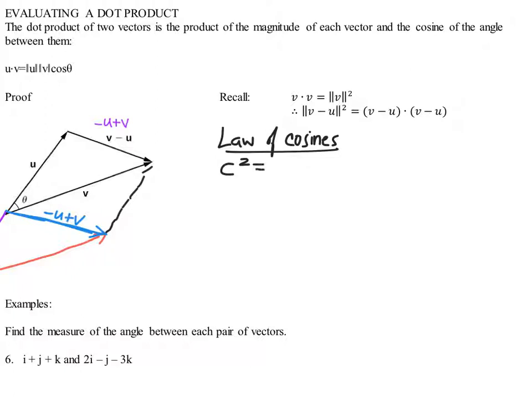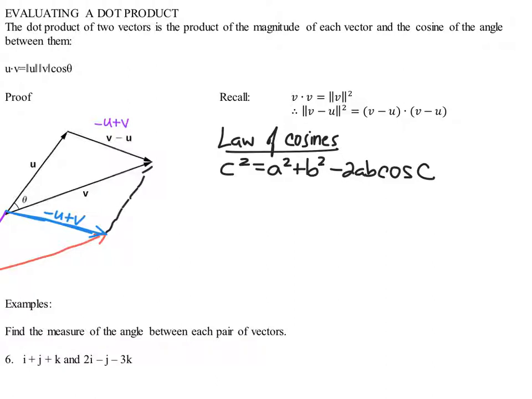So c squared equals a squared plus b squared minus 2ab cosine c, or the other 2 possible variations. The key ingredient is that side c is opposite angle c. What's angle c? Well, it's the one that you know.